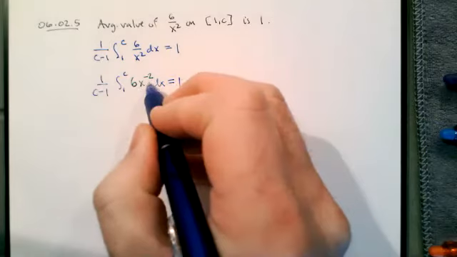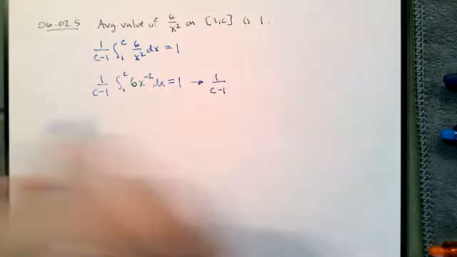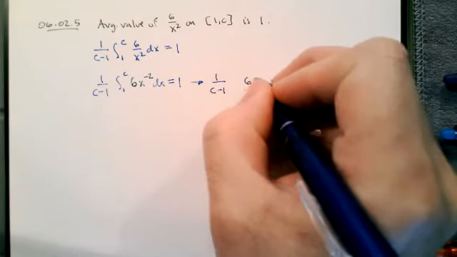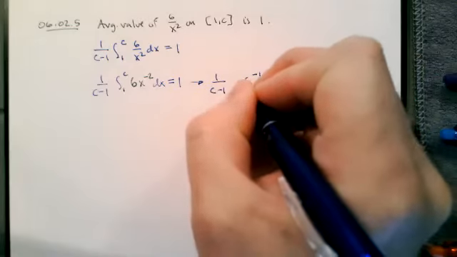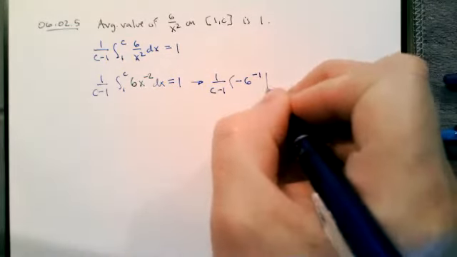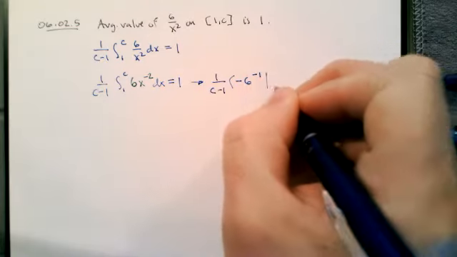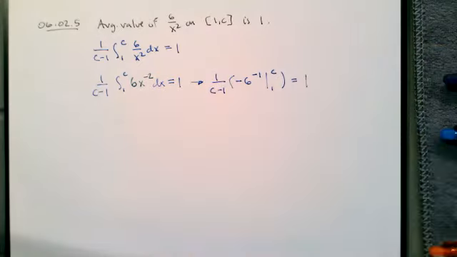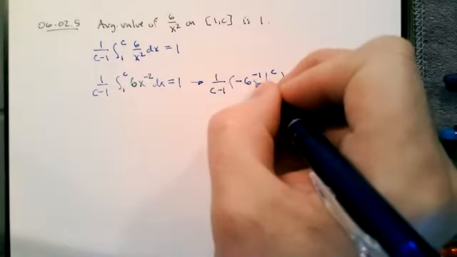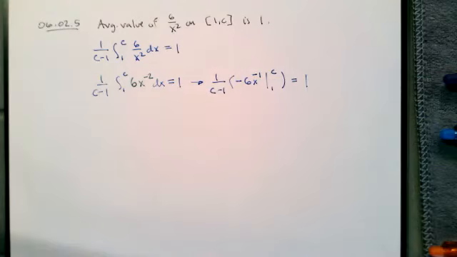Then we evaluate negative 6x to the negative 1 from 1 to c. This is still part of an equation where all this stuff is equal to 1. Now we're going to plug in the endpoints. I forgot the x. That was close.